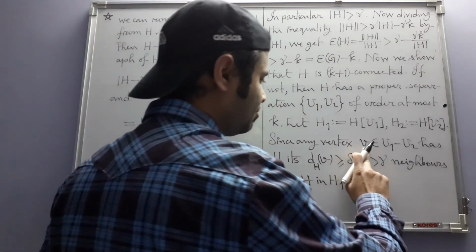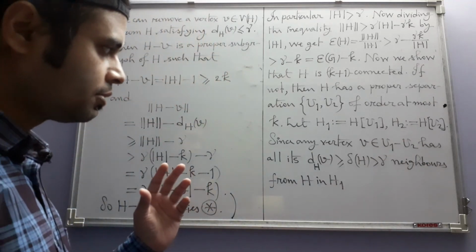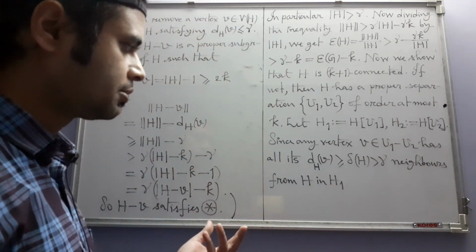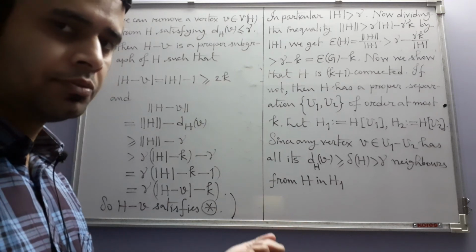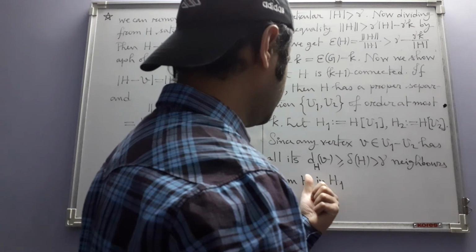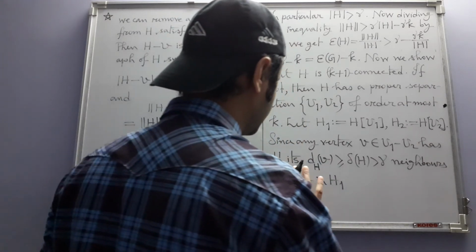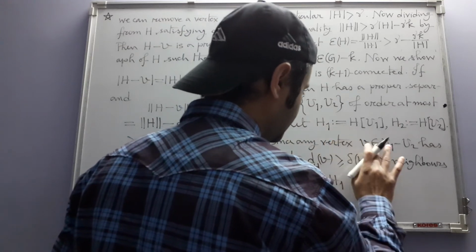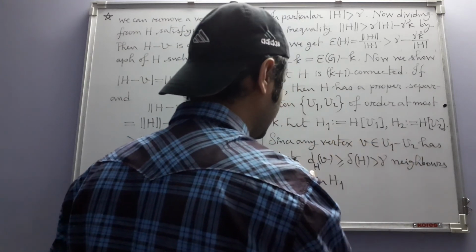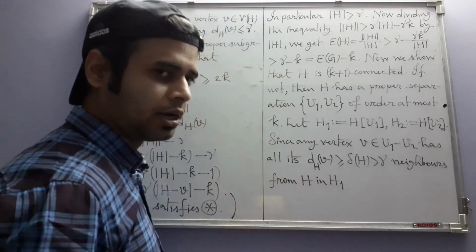So if you have any vertex in U1 minus U2, then all its neighbors that belong to that induced subgraph H1, that's not what I am trying to say. Any vertex here has all its neighbors from H in H1. Yes.